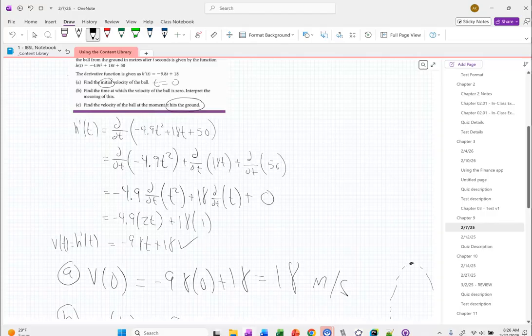Position. What position is hitting the ground the same as? 0. So we're going to start by solving for the time by figuring out when h of t is equal to 0. Is everybody okay with that?